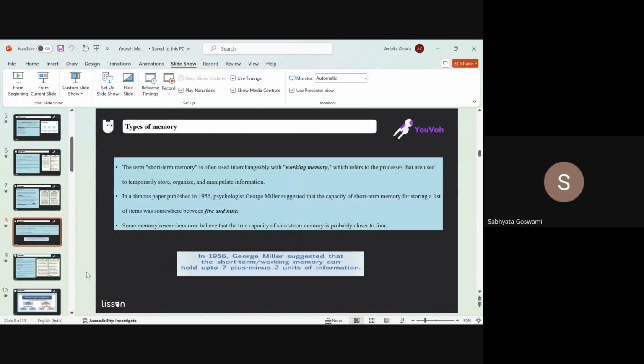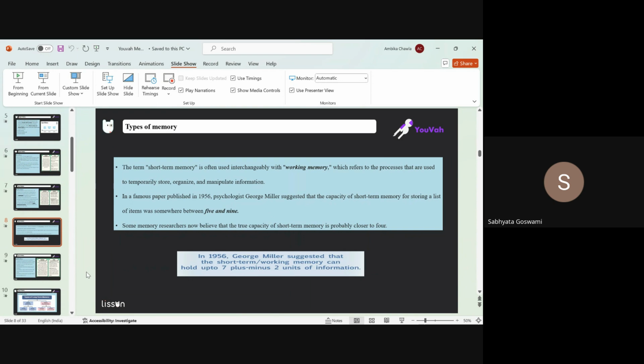Yes. So, short term memory is also often interchangeably used with working memory. However, they do not have exactly the same meaning. We'll be discussing it in our further slides. So, now about the capacity of short term memory. George Miller is a famous psychologist, and in 1956, he gave a study which told us about the capacity of short term memory.